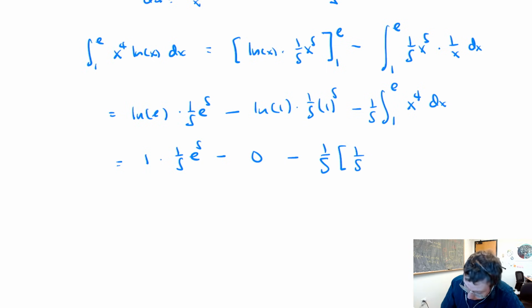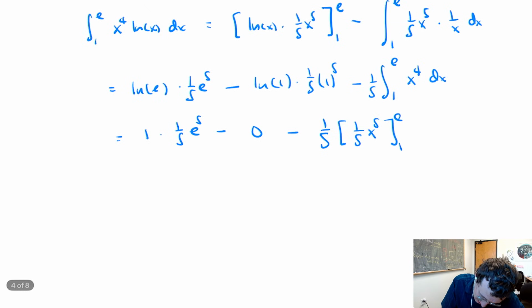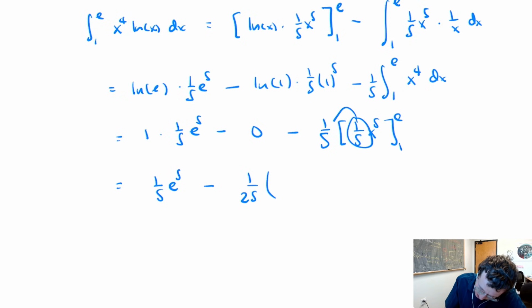And once again, we need to anti-differentiate x to the fourth. That gives me 1/5 x to the fifth. It gets evaluated from 1 to e. Here I have 1/5 e to the fifth minus 0, and then minus 1/25. I'm just pulling that 1/5 outside and grouping it together with the other 1/5. And then I plug in e right here.